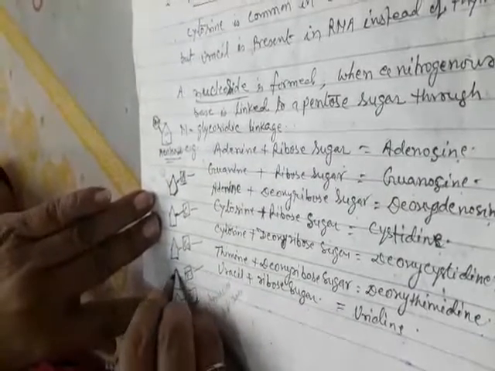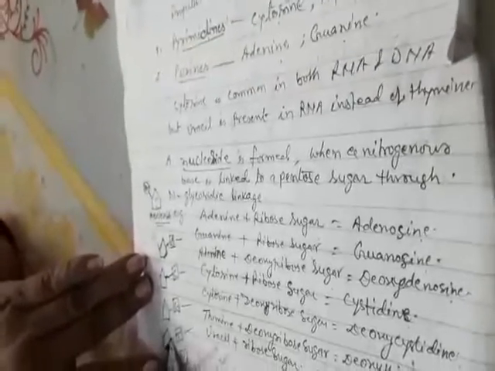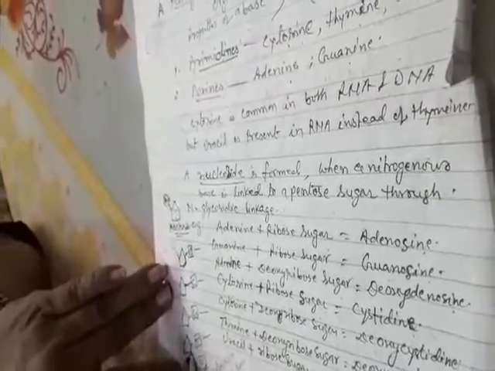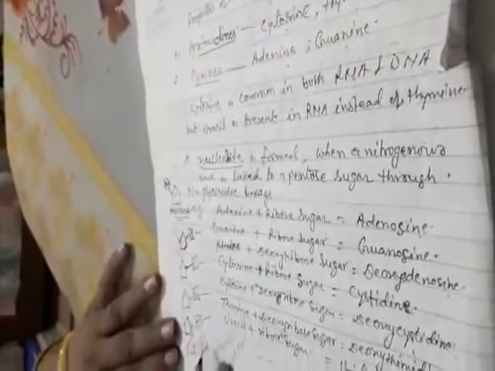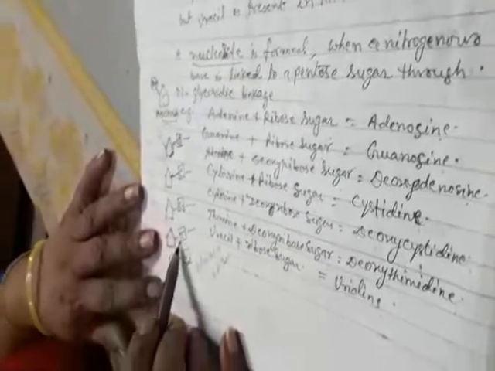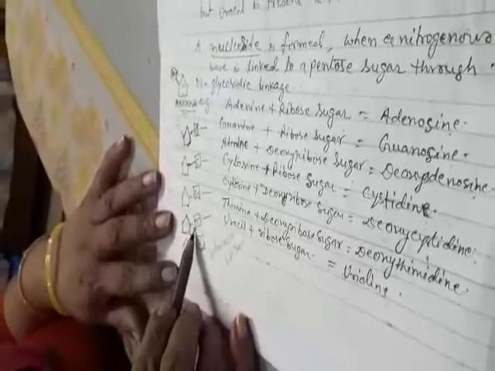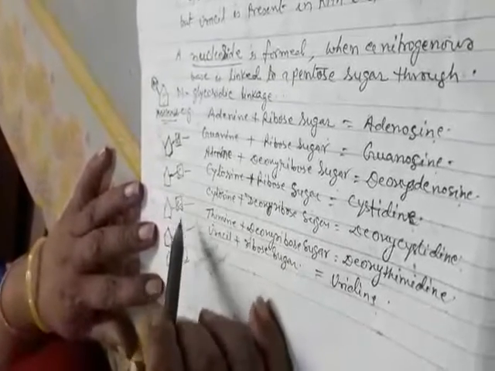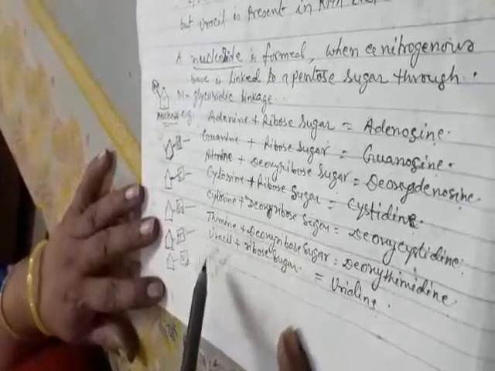So the pentose sugar is linked with an N-glycosidic bond to bases to form a nucleoside.